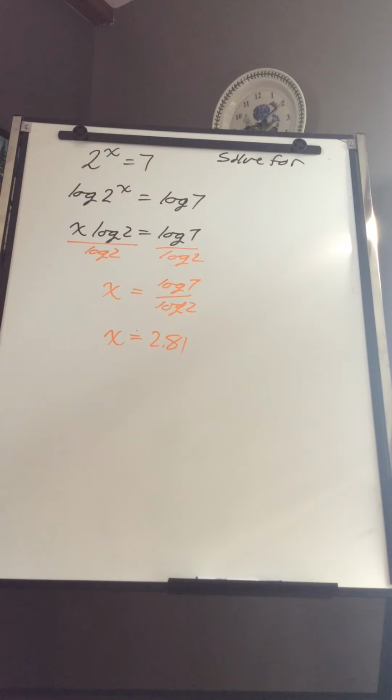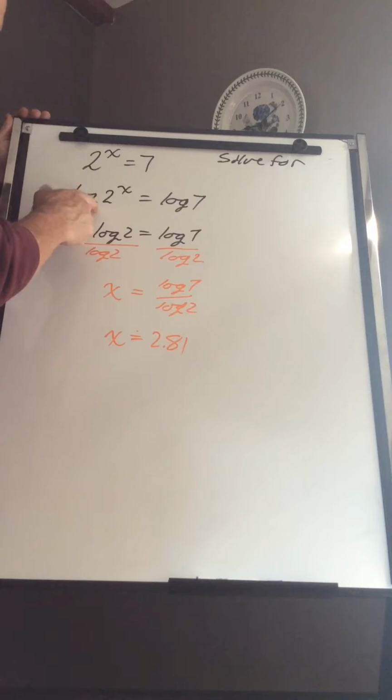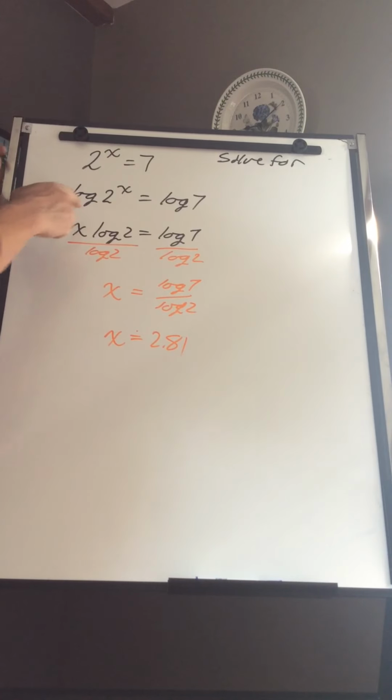That's the same way with every one of these. When I have an exponent and I can't change it to the same base, I use logs to solve. On that note, sometimes people will use different bases. Currently, everything we're doing right now, we're assuming this number here is 10.